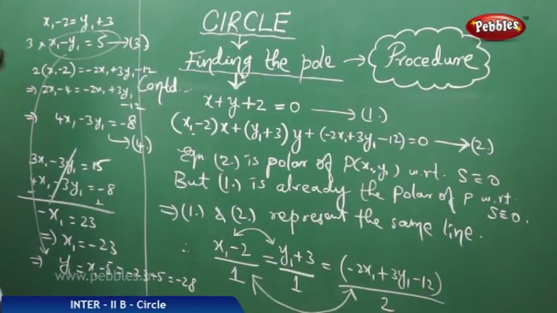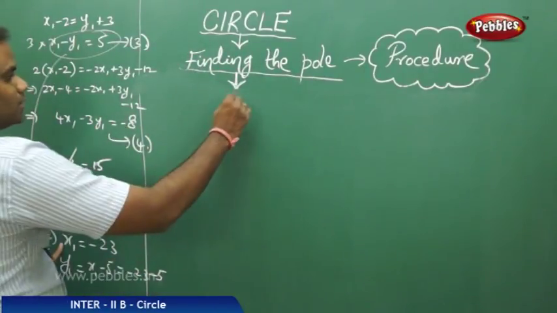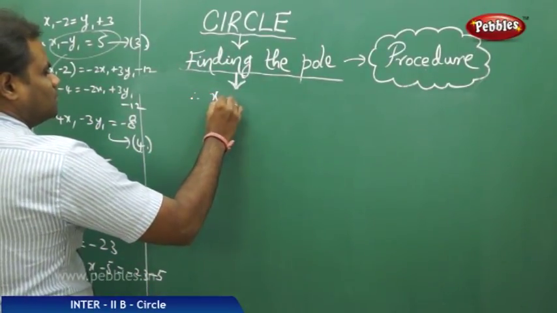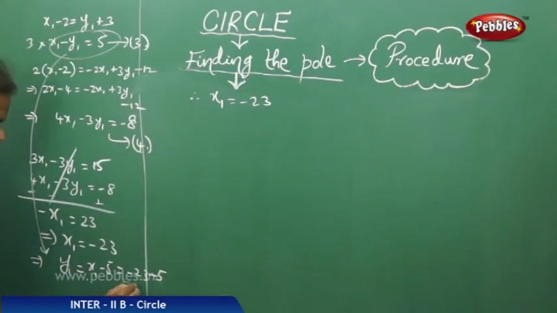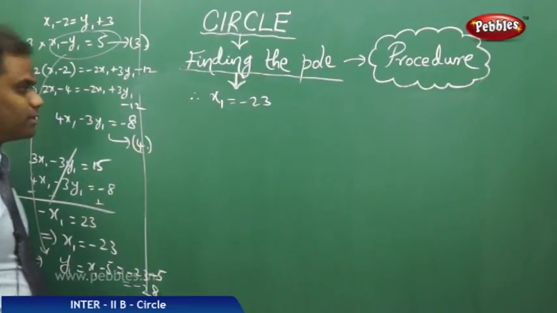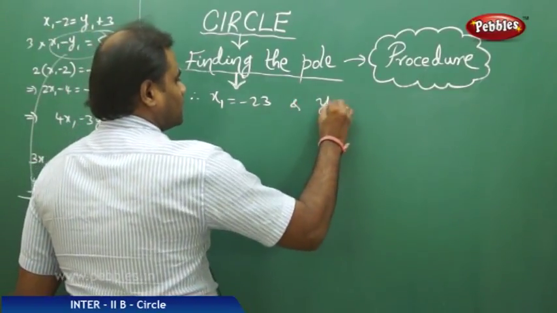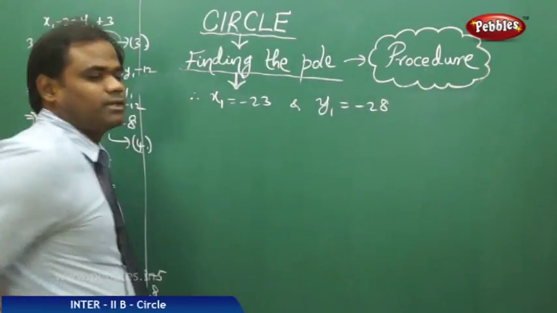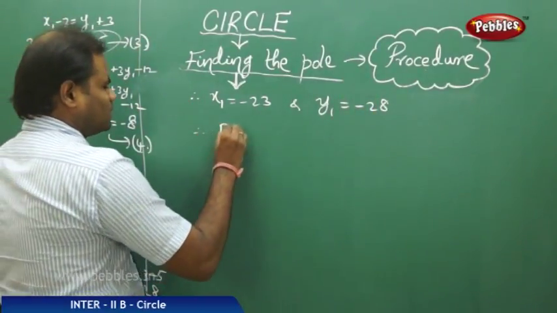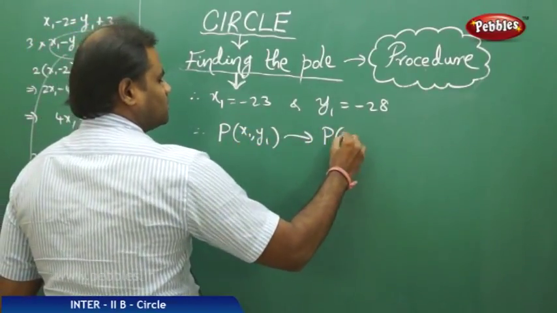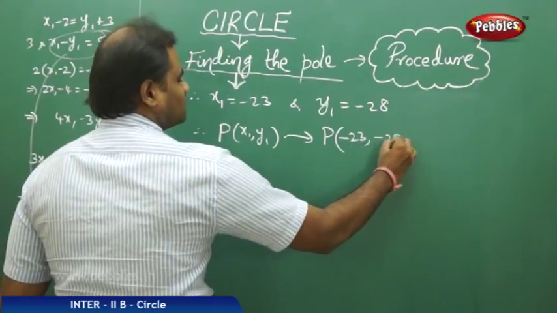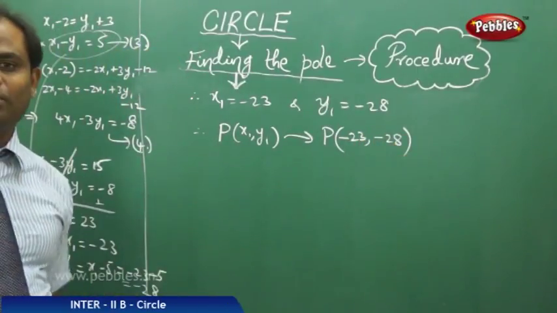Therefore, I have two values: x1 is minus 23 and y1 is minus 28. Therefore, the point P(x1, y1), which is the pole, reduces to P(minus 23, minus 28).